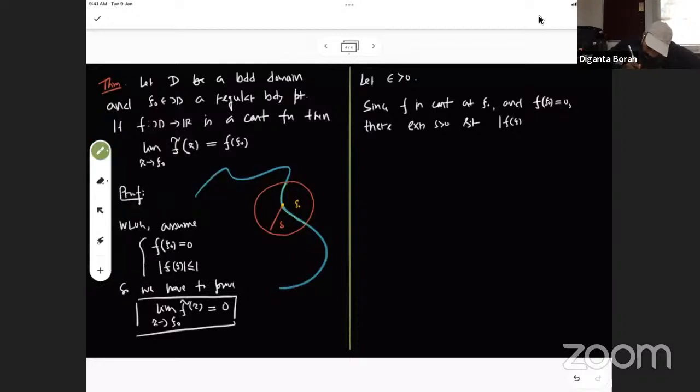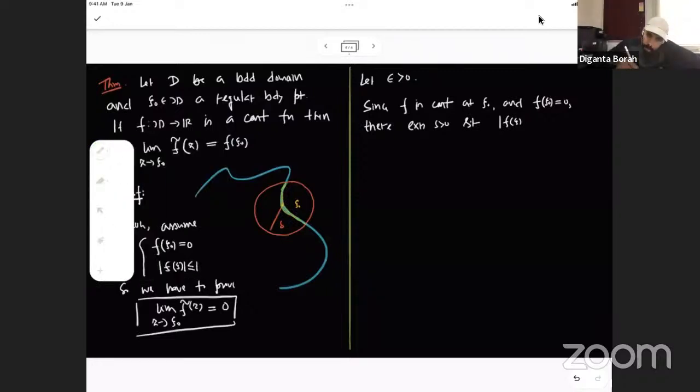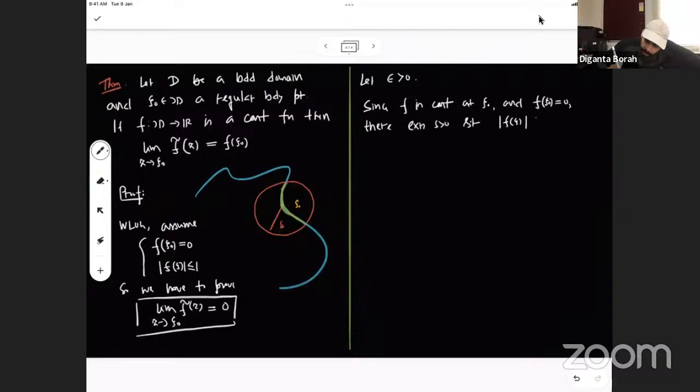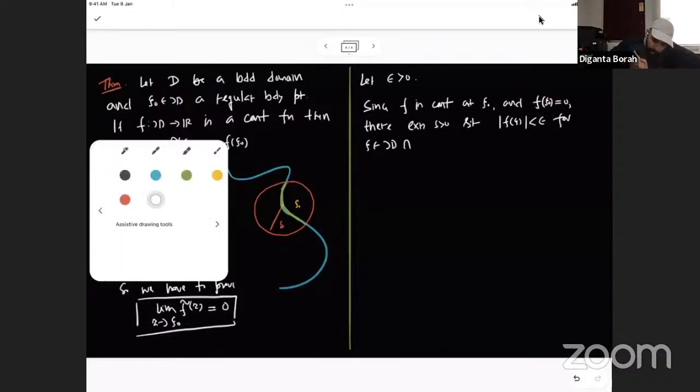On this part of the boundary, the function is not more than epsilon. So I can always find the delta like this, so that mod of f of zeta is strictly less than epsilon for zeta in delta D intersection this.